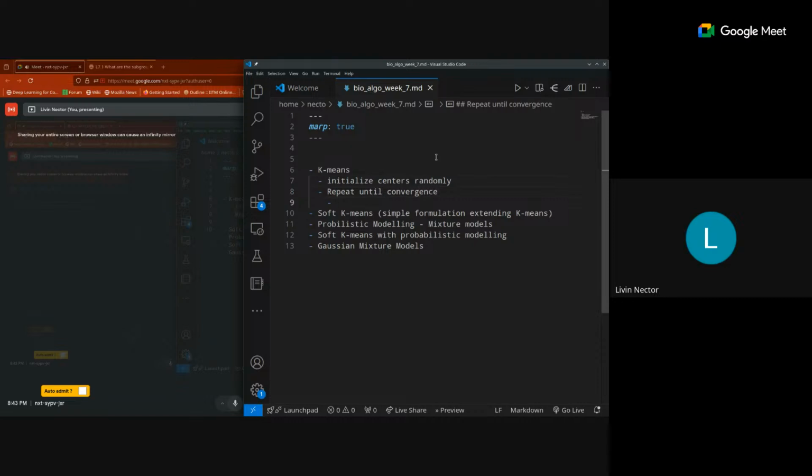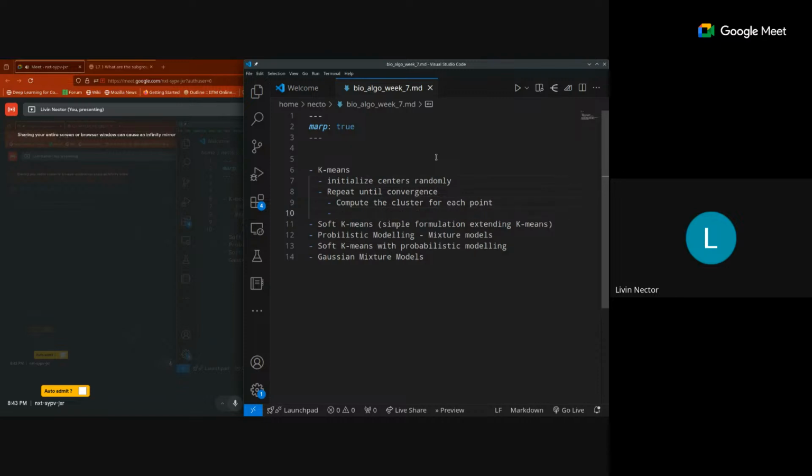What we do first, we compute the clusters for each one, and update the centers with the new clusters.